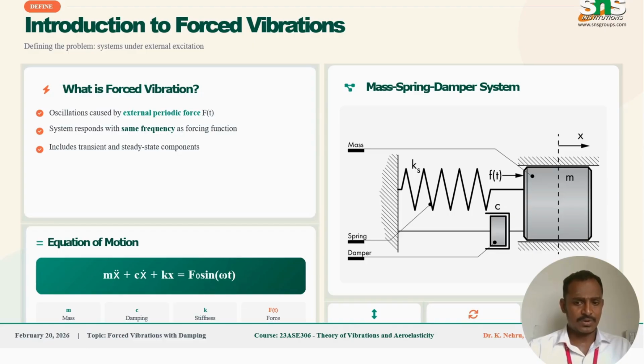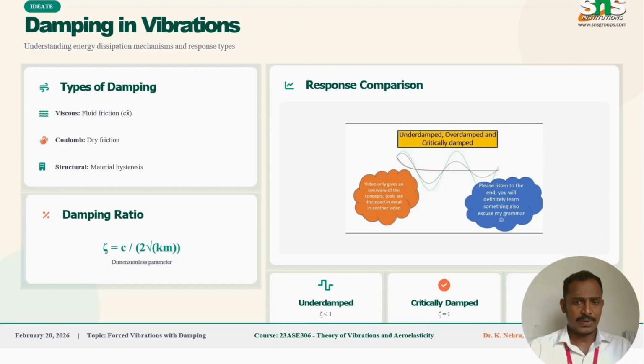The governing equation of motion is m x double dot plus c x dot plus k x equal to F sine omega t, where omega is the forcing frequency, m is the mass, and c is the damping value. This equation is the foundation of the vibration analysis for forced vibration.